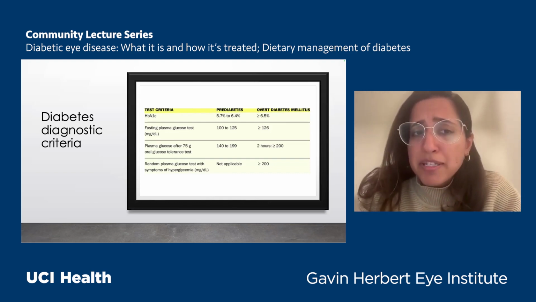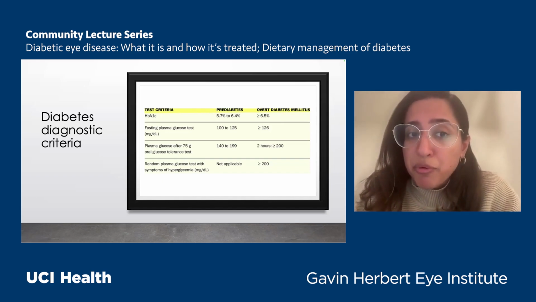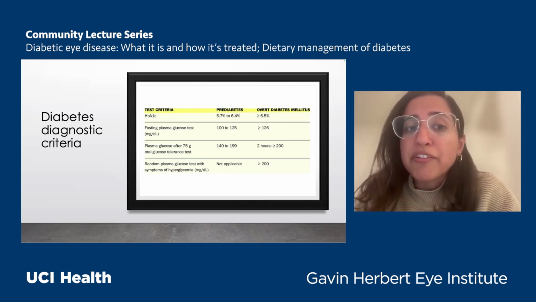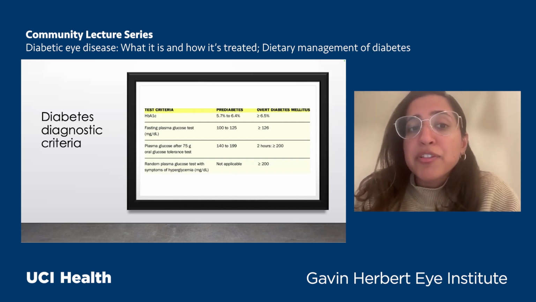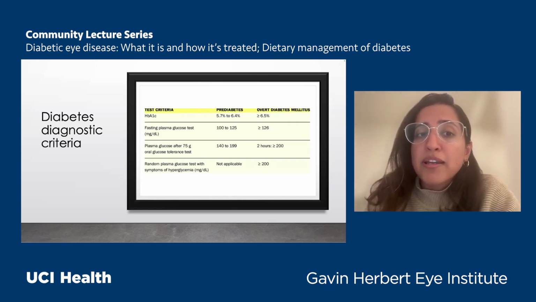For pre-diabetes, we have A1C of 5.7 to 6.4, a fasting plasma glucose of 100 to 125, the plasma glucose after a 75-gram oral glucose tolerance test of 140 to 199. And here you just need one of these criteria to be called prediabetes.